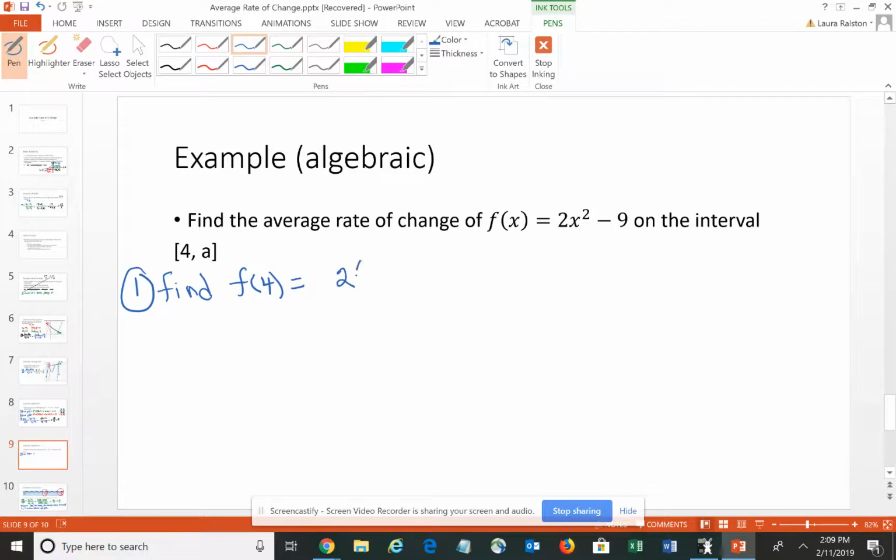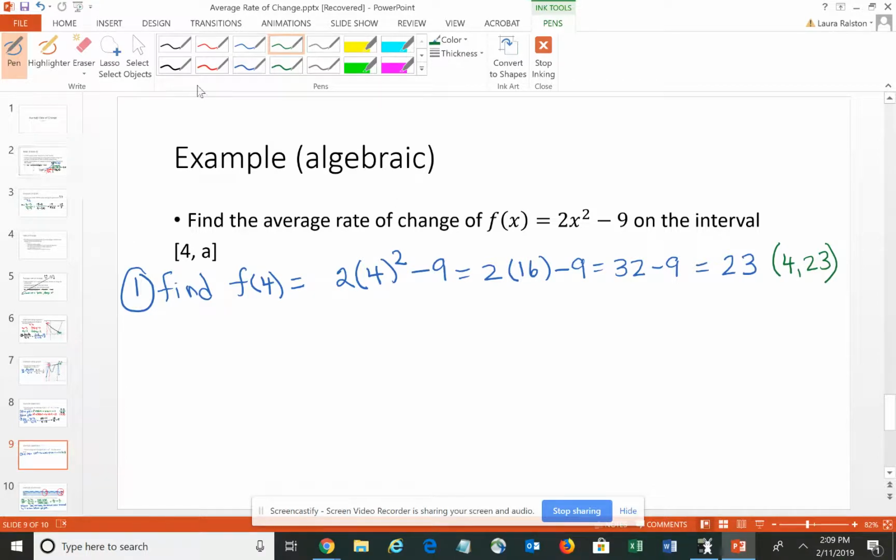So we would have 2 times 4 squared minus 9. That's 2 times 16 minus 9. 32 minus 9 is 23. So you would have the ordered pair 4, 23.